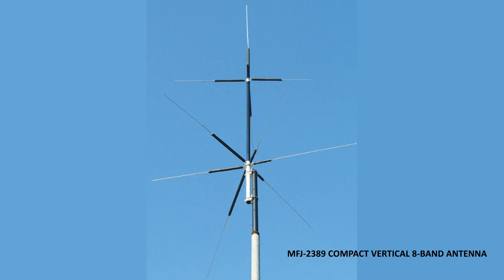It's a quarter wave on HF 80 through 6 meters, a half wave and 2.15 dBi gain on 2 meters, and a 5/8 wave with 5.5 dBi gain on 440 megahertz. So a very versatile antenna, lends itself well to portable operation or base operation at the house.